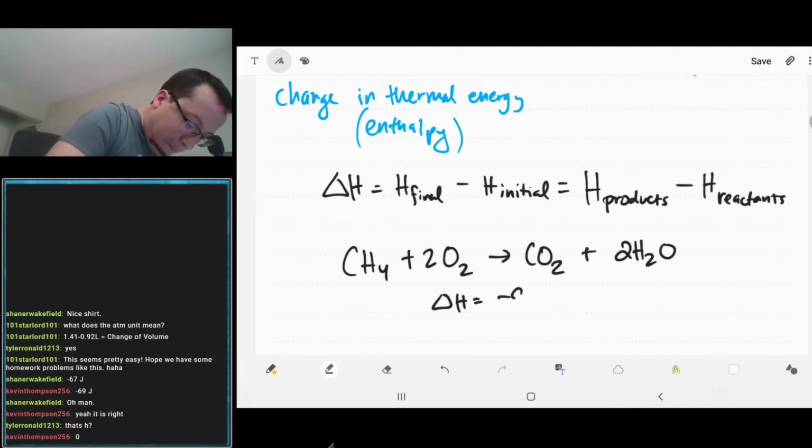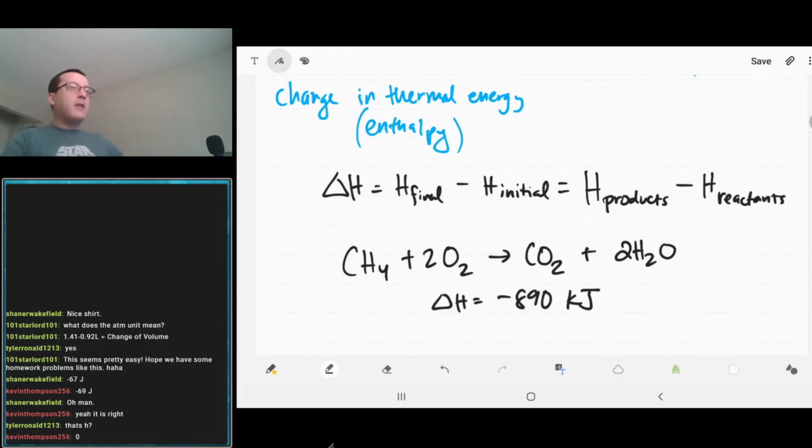Okay. Let's take a look at this. We're going to see that reactions will have an enthalpy associated with them, which tomorrow we will learn to calculate from just looking at a reaction using some standard information. But for now, I've given it to you.